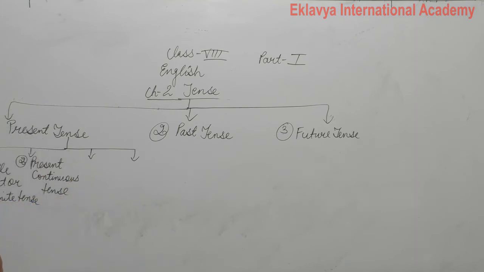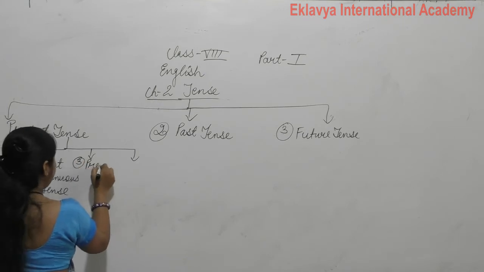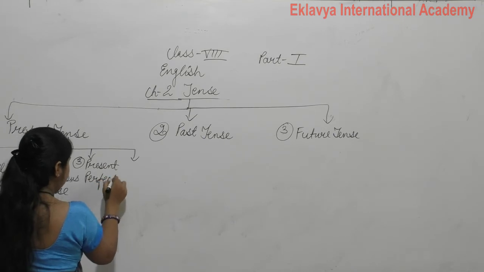Second is present continuous tense. Third is present perfect tense.